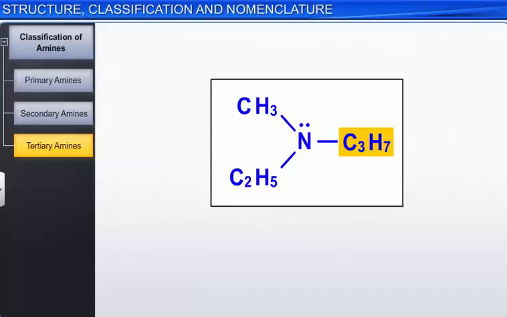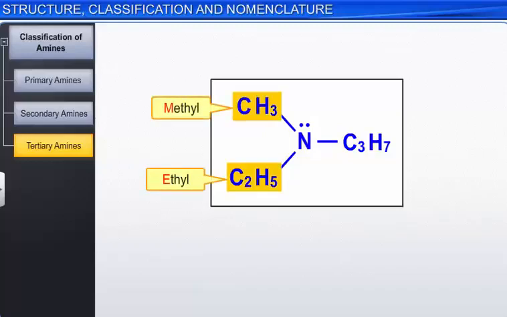The remaining two alkyl groups with the less number of carbon atoms are treated as side chains. Alphabetical order should be followed while naming the two alkyl groups. For example, this tertiary amine with three different alkyl groups is named N-ethyl N-methyl propanamine.